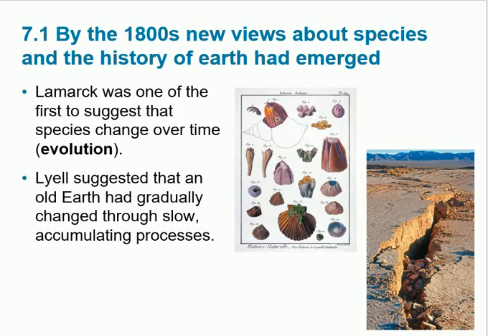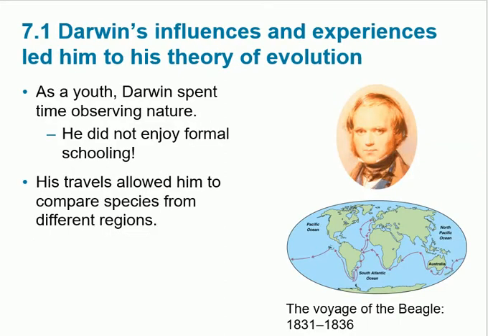Lyell, on the other hand, said that the old Earth, which is not the young Earth, is not static as Aristotle said, but it gradually changes and it is accumulating. So it changes, micro changes, but adding year after year, after hundreds and thousands of years, evolution comes as an accumulative process.